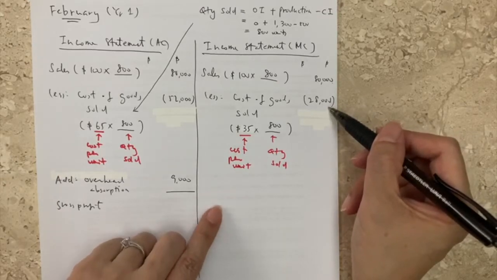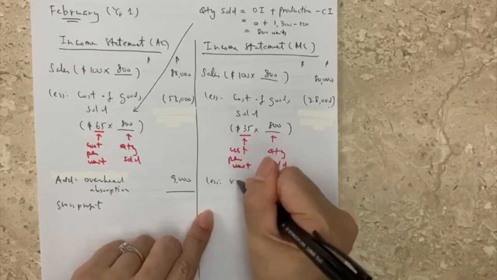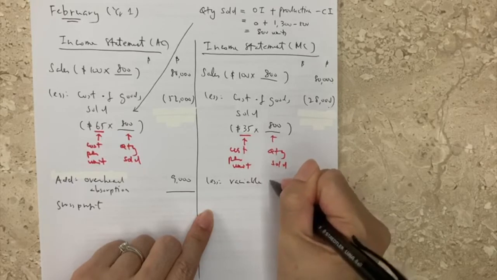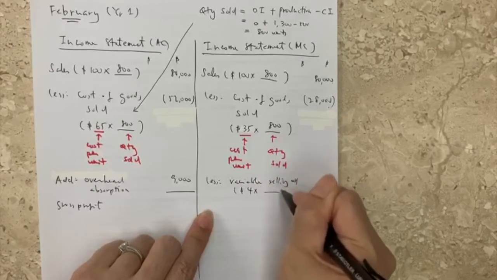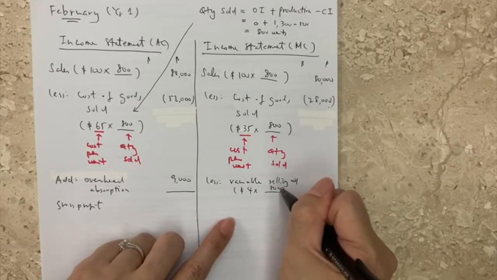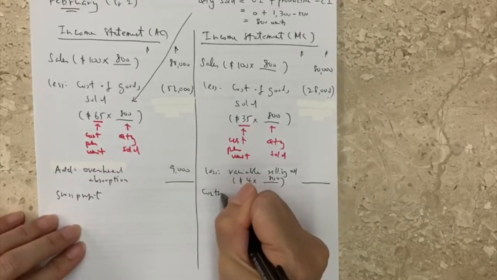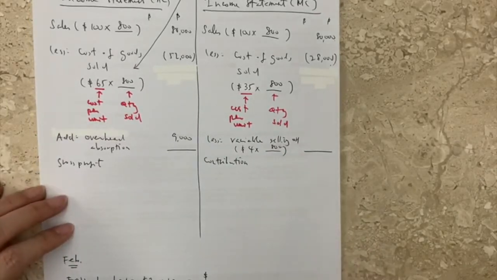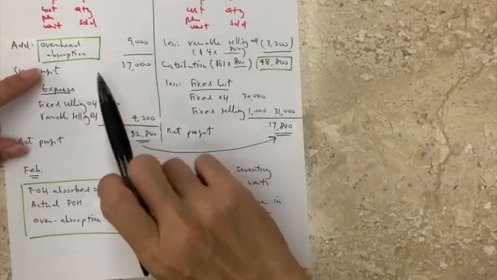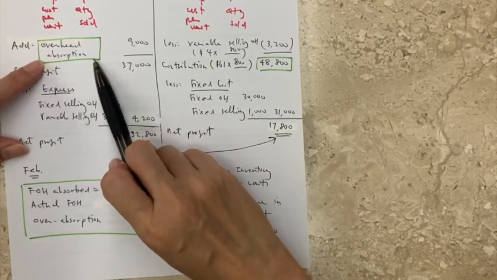All right, so I cannot get my contribution yet because there are still other variable costs. So we have variable selling overhead, which is $4 times units sold, which is 800 here. Okay, so now I can get my contribution under marginal costing system. All right, so therefore what is very important under absorption costing, you have to make sure that you make adjustments related to over absorption or under absorption.